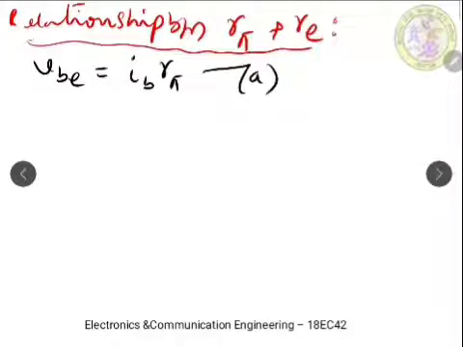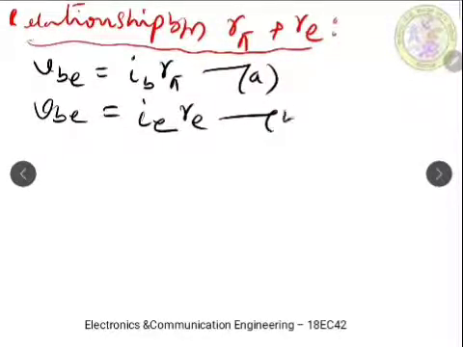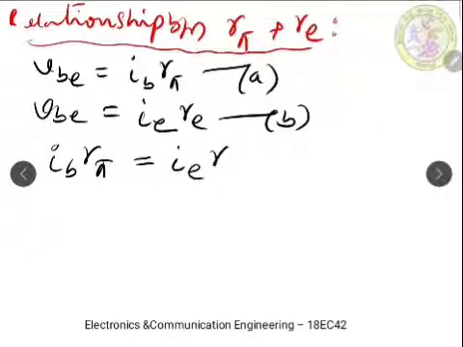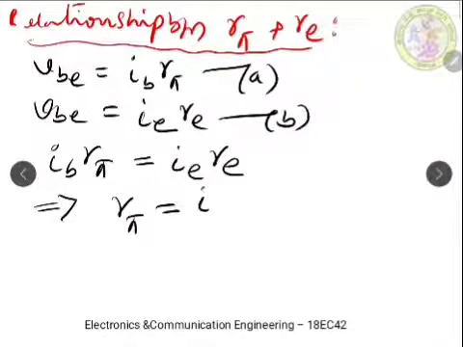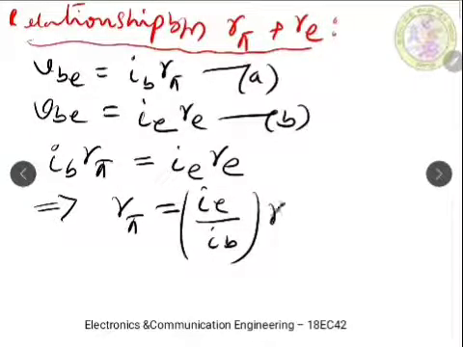Let us take this as equation A. Also vbe is equal to ie into re. Call it equation B. As on the LHS we have vbe, their RHS are equal, that is ib into r pi is equal to ie into re. So r pi is equal to ie by ib into re.